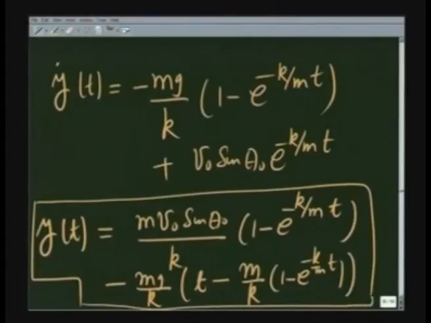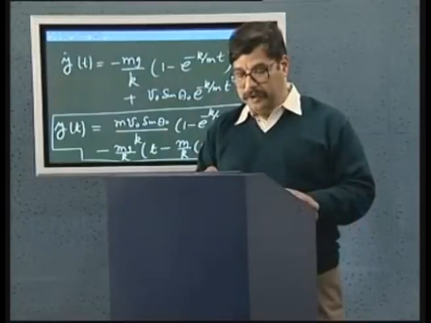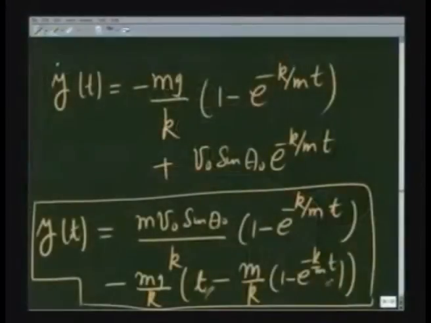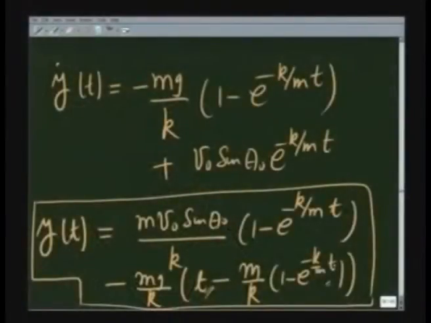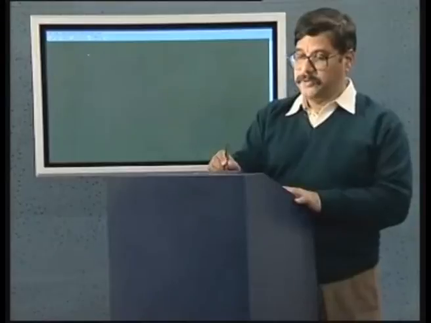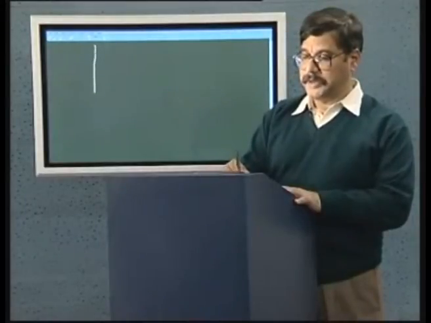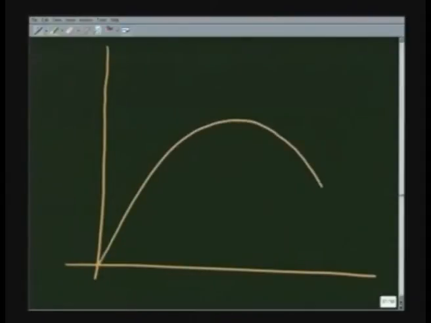You see, because t appears in linear form as well as this exponential form, I cannot eliminate it to get a direct expression between x and y. However, for a given time I can calculate x and y and plot the trajectory. If I do that for different k's and fix v naught and sine theta naught, I find that for k equal to 0 it's a perfect parabola.